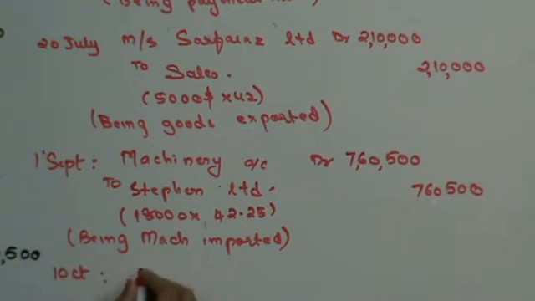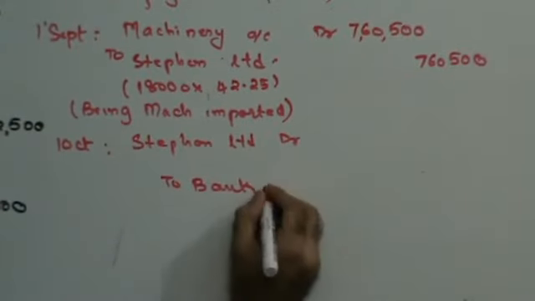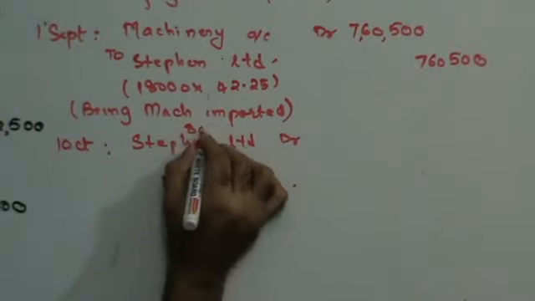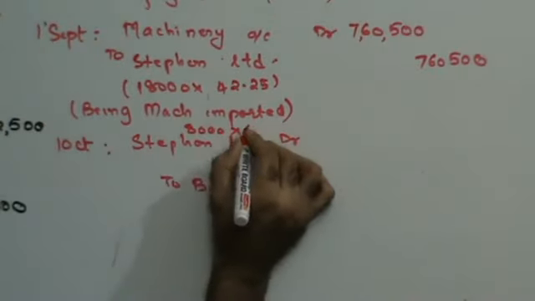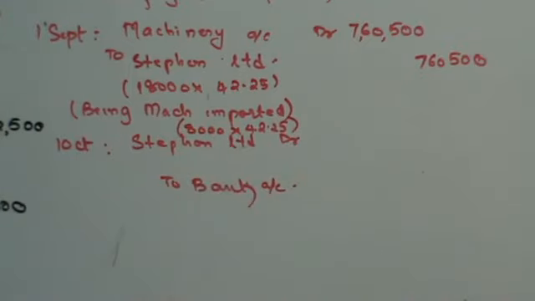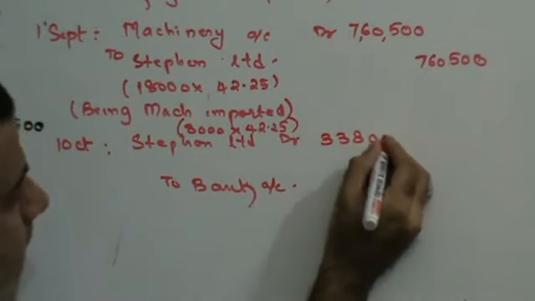1st October you made a payment. Debit the receiver, Stephen Limited account debit. Debit what comes in, credit what goes out. Money is going out to bank account. You are making a payment of $8,000. You had imported at 42.25. So 8,000 into 42.25, 3,38,000.